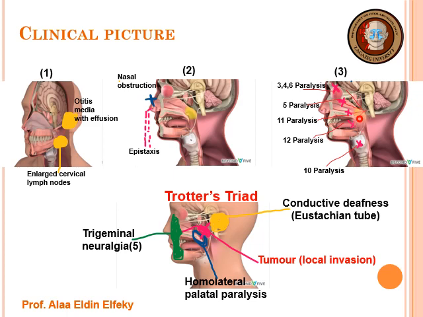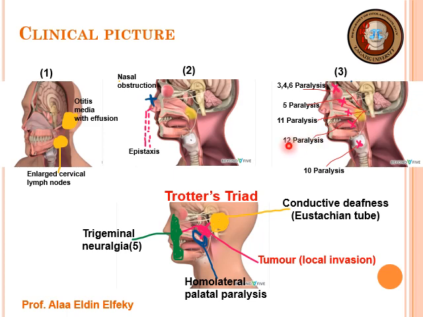And palatal paralysis is usually an early sign. The paralysis of the palate here will be diagnosed by regurgitation of fluid and food from the nose, and also deviation of the uvula to the normal side.